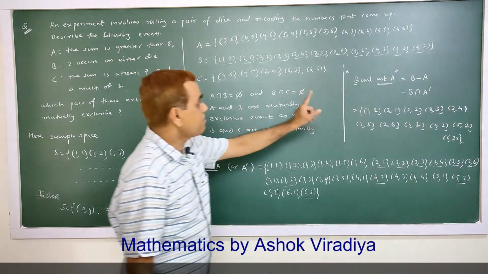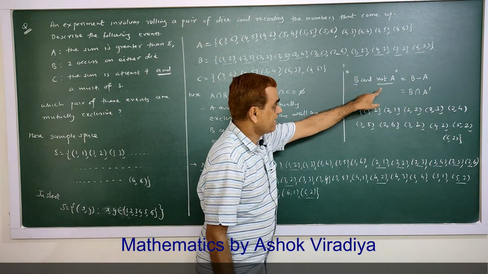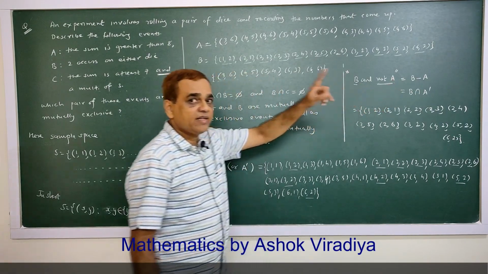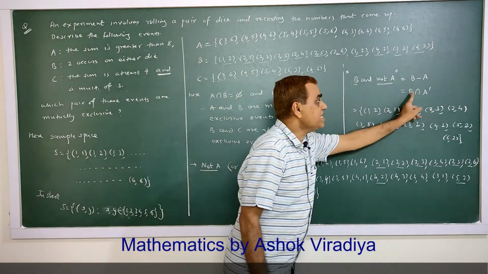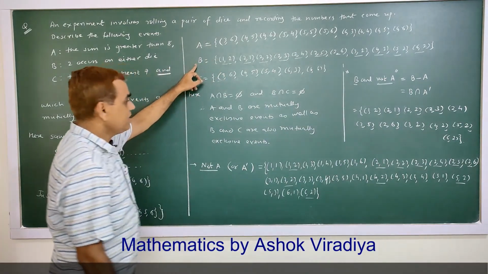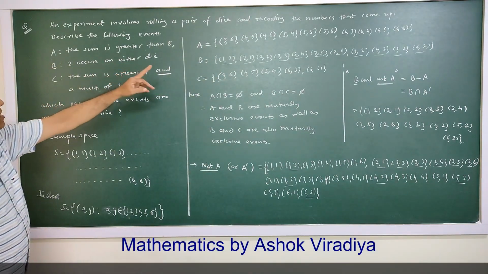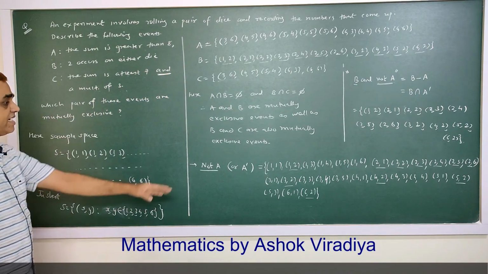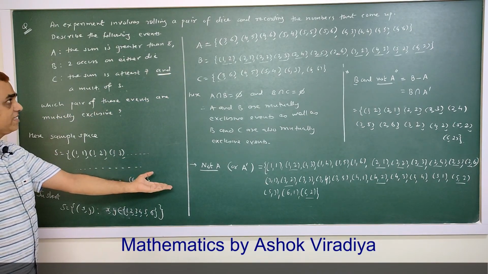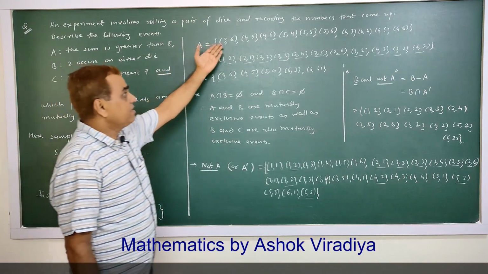So this is B and not A, means B minus A. That is, take the intersection of B and A dash. This was B, this was A dash. B means 2 occurs on either die, and A dash is not A. That means accept these elements.